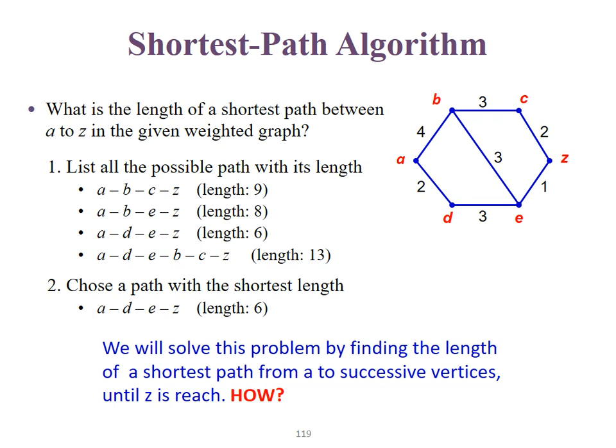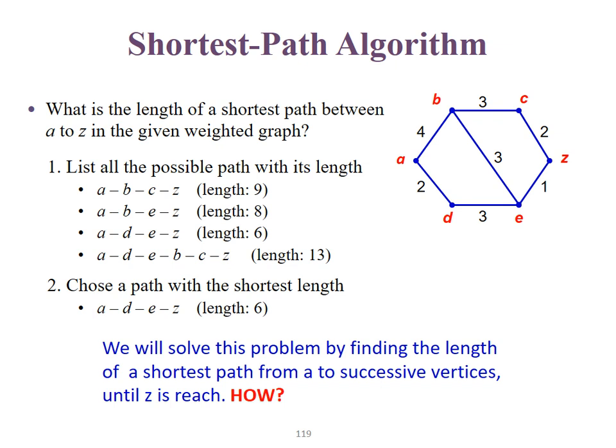For example, you can travel from A to Z by A, B, C, which is a path from A to Z. We can calculate the cost: A to B 4, B to C 3, C to D 2. So the total cost will be 9.